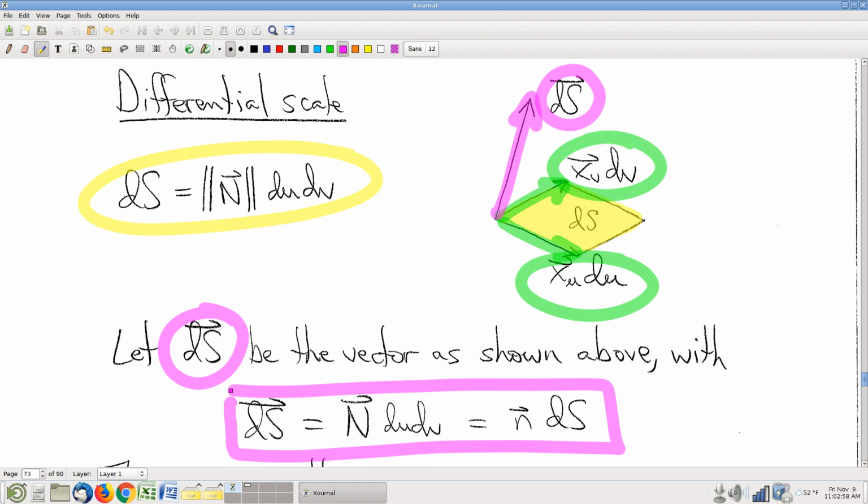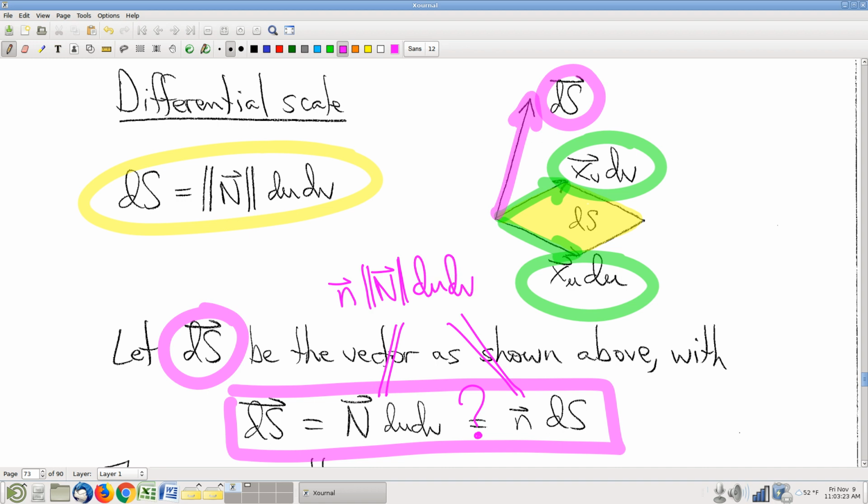So let me give you my argument for why these are the same thing. Well, because both of these things can pretty easily be seen to be little n times the magnitude of capital N du dv.